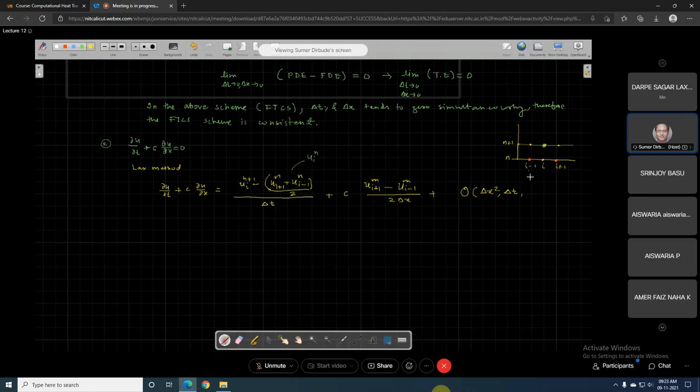So in the Taylor series, the discretization is not around n. For u I n plus 1, it is fine, it is at ith only. But these terms are discretized along with the nth time. So the space step delta x is coming into the picture, because of I plus 1 and I minus 1.